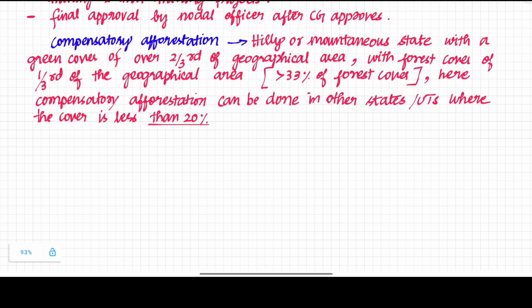In such states, compensatory afforestation can be diverted from state A to state B.